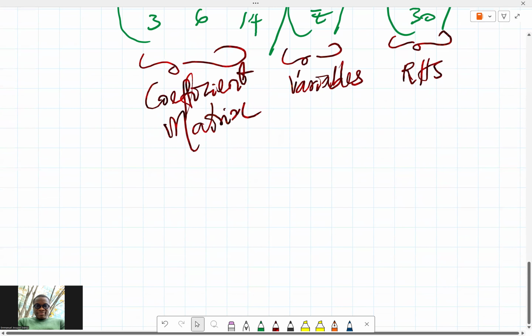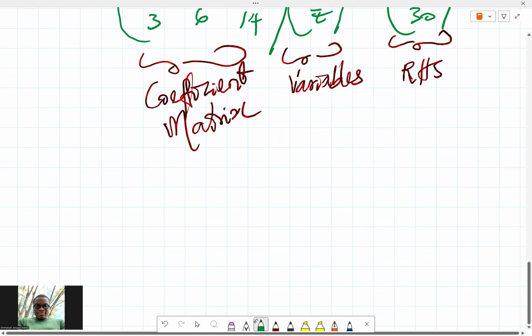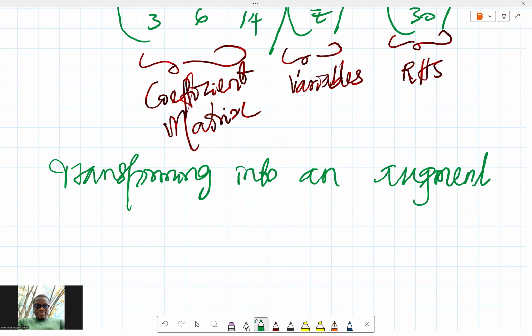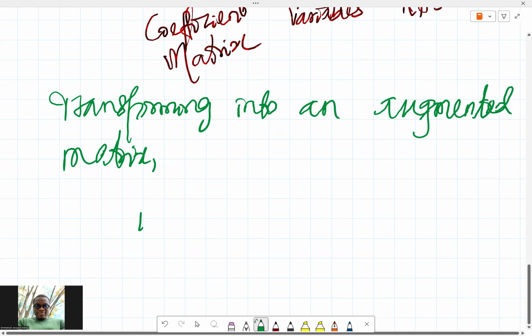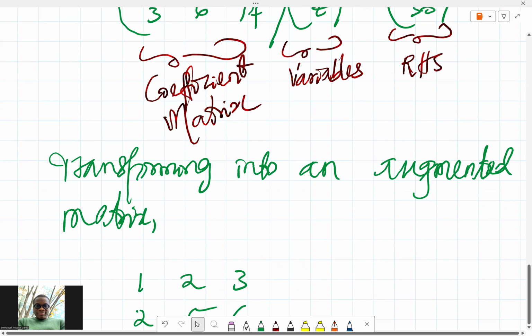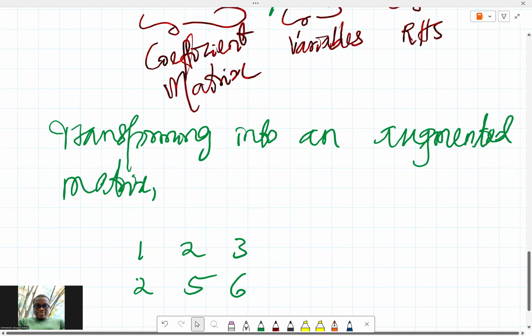Before we transform to upper triangular form, the first thing we want to do is make it into an augmented matrix. So we have 1, 2, 3, 2, 5, 6, 3, 6, 14.